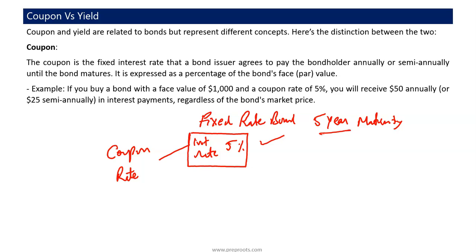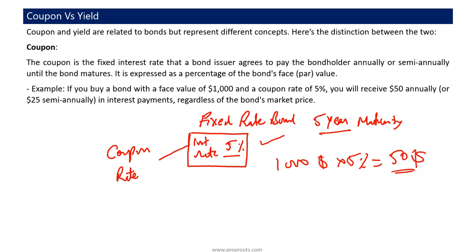Whether it is year 1, year 2, year 3, year 4 or year 5, every year you will get 5% on the par value. If par value is $1,000, you will get 5% of the $1,000, that is $50 every year. $50 in year 1, $50 in year 2, $50 in year 3, and so on till year 5.